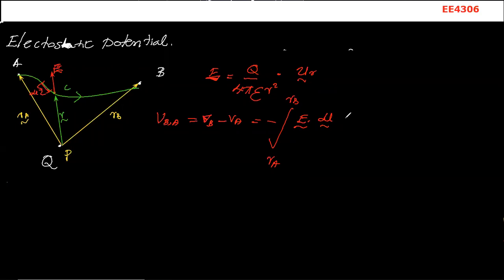Now, if I substitute for this E with the support of the charge and distance, I write down Q divided by 4 pi epsilon R squared into UR dr.